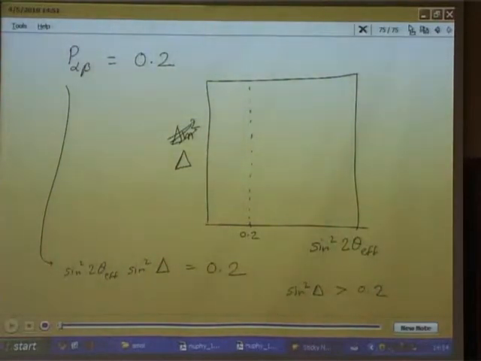Therefore, if delta is very small, this constraint cannot be obeyed. So for very small delta, this offers no constraint at all. You start getting constraints only from some point, this point for example.